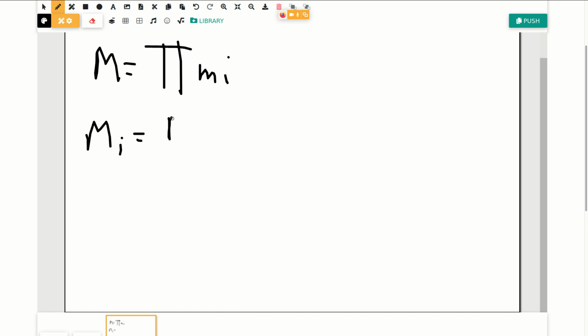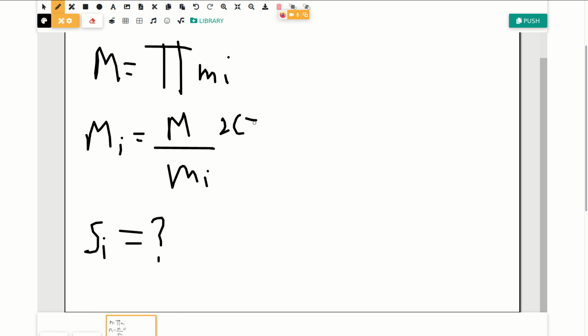So capital Mi is equal to capital M divided by small mi, so the product of all the mi's except the ith mi. And there's some variable called Si as well. So we will discuss what this variable is, and x is one of the particular solutions to this equation, not under any modulo, but in general.